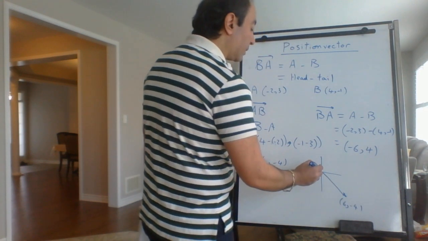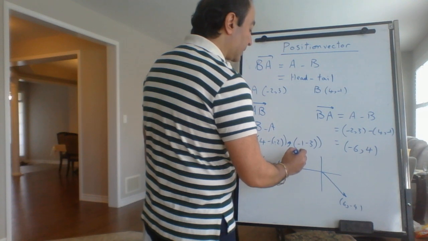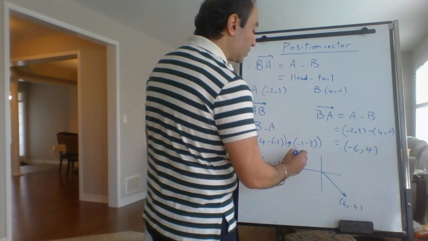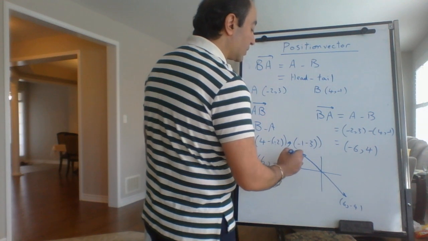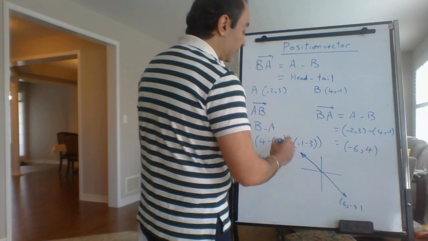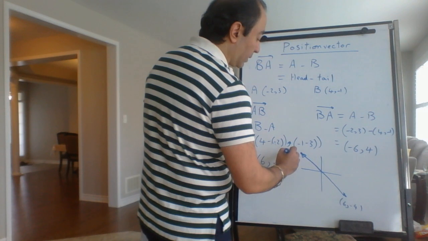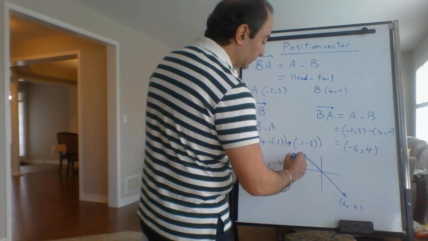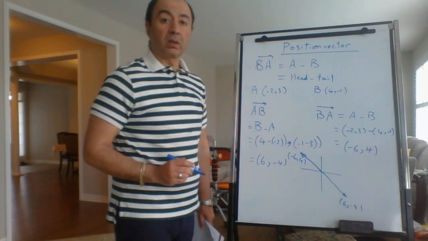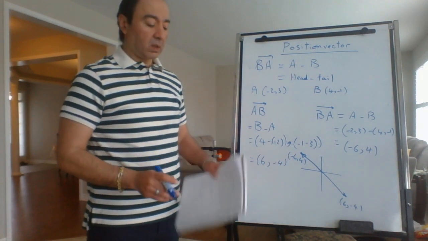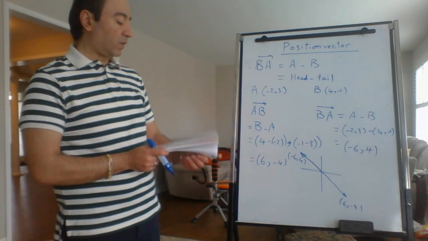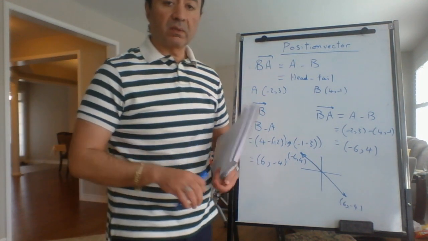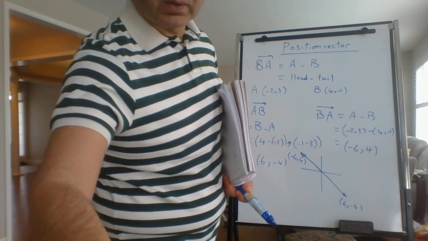And the other one will be at -6 and 4, which is the same distance but opposite direction, because vector AB is the opposite vector to vector BA. Alright? Okay, so this is how we find the position vector and how we find the vector. Alright, so I will stop here and I will continue in the next video.